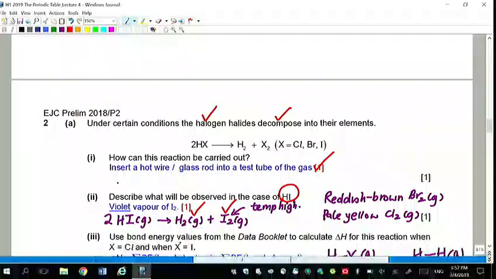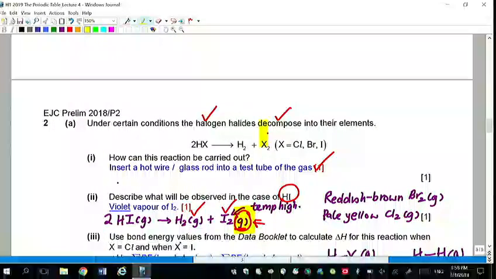If you look at your lecture notes, iodine at room temperature is typically solid. But why am I putting gas here? It is because you are doing a decomposition. In the reaction mixture, the temperature is higher than room temperature, a lot higher, so your iodine will exist in the gaseous state. That is why the state symbol that I've put for iodine is gaseous. It is not at room temperature. You should not be putting solid.